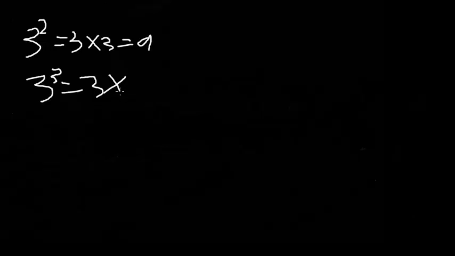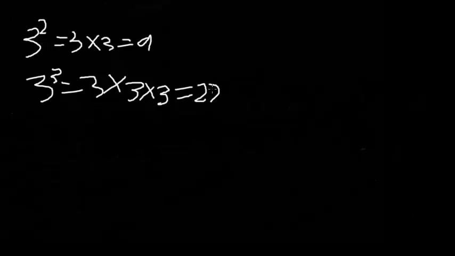If it's 2, it means it's 3 times 3, which is equal to 9. And if it's 3 to the power of, that's how you read it, to the power of 3, it's 3 times 3 times 3, which is 27.